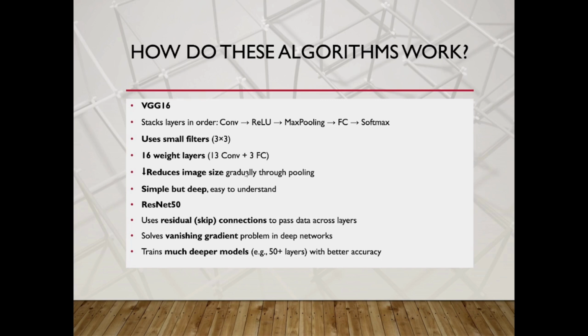The model reduces image size to lower computation while preserving the key features. For ResNet50, it uses skip connections to allow the data to skip across layers. This skip connection solves the vanishing gradient problem in deep networks.